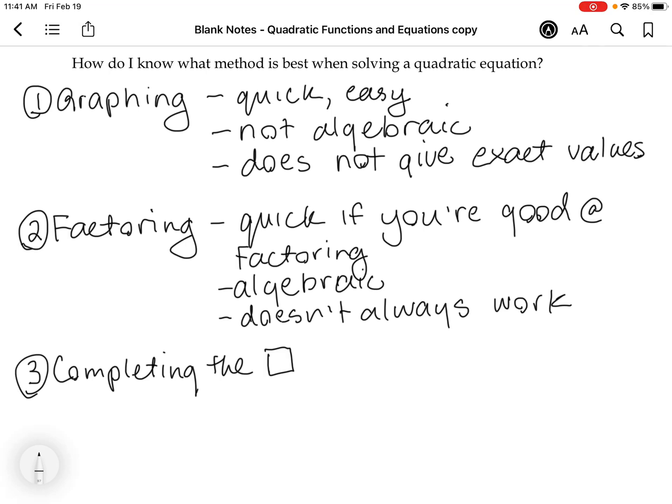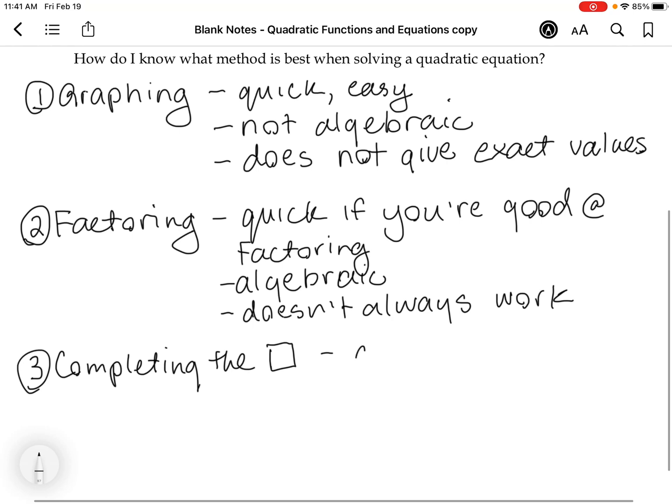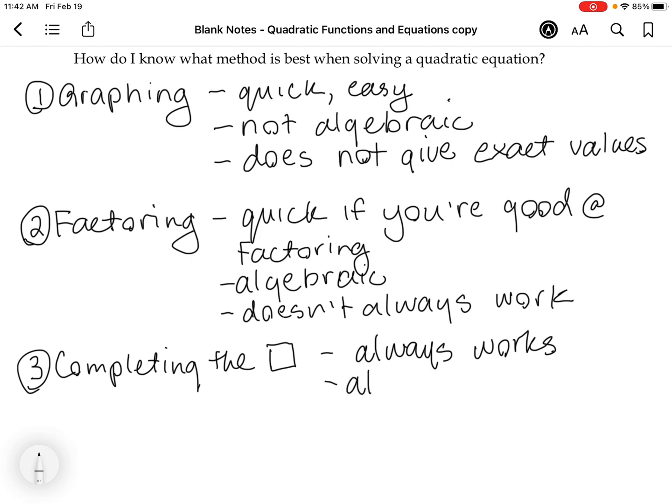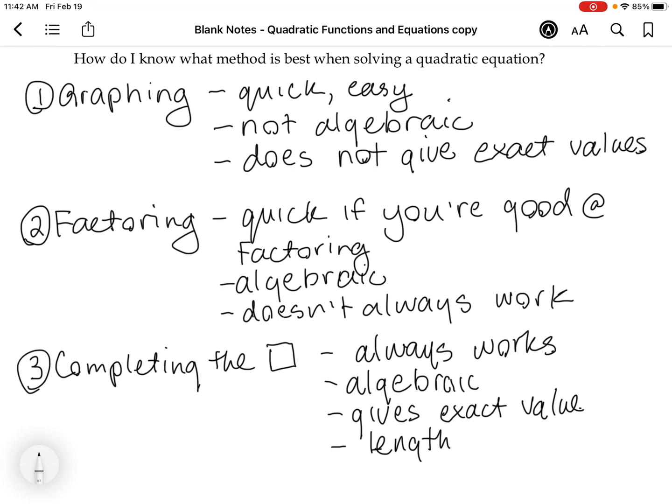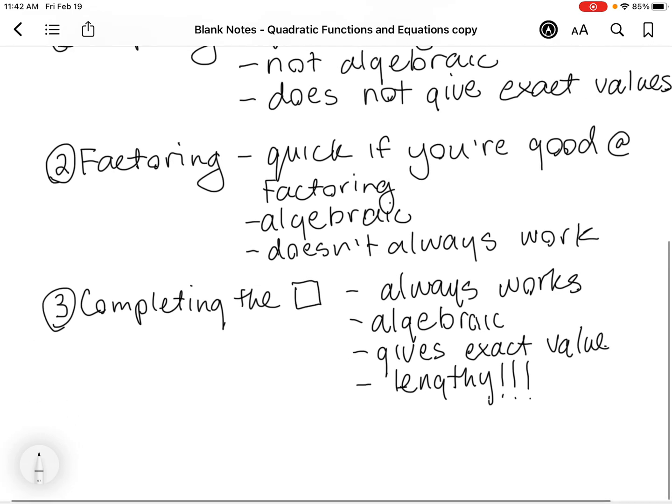It always works. And it's algebraic. It gives exact values. So that's all good. But it takes a long time. It's really lengthy. Okay, so that's kind of a negative for that.